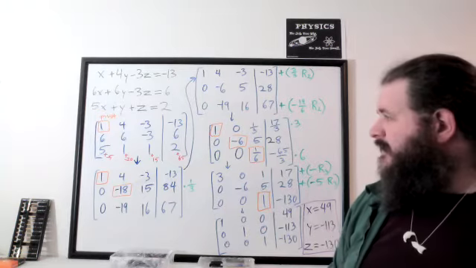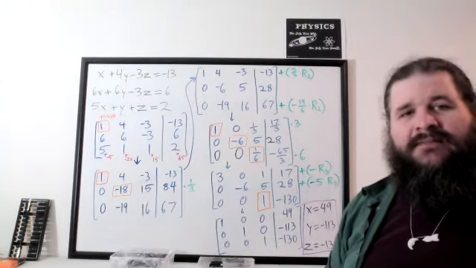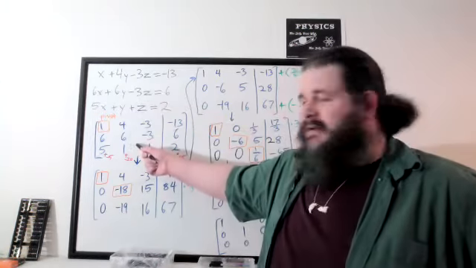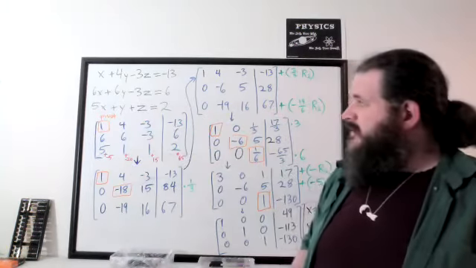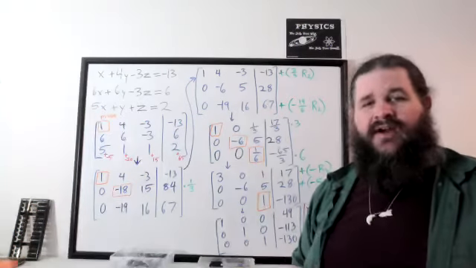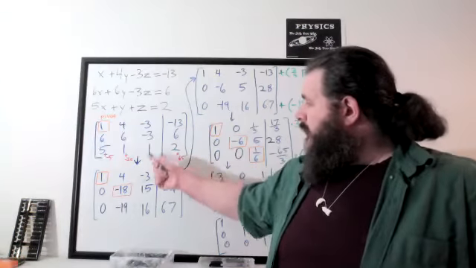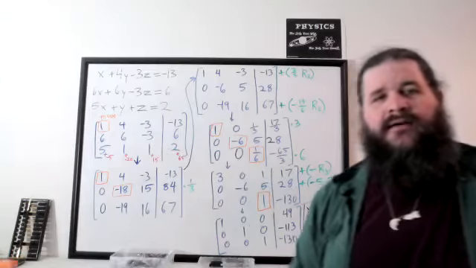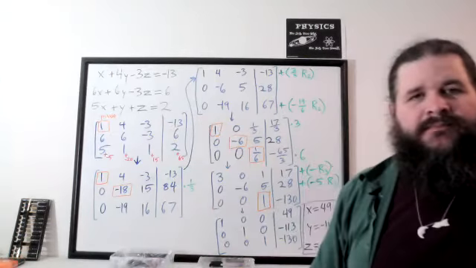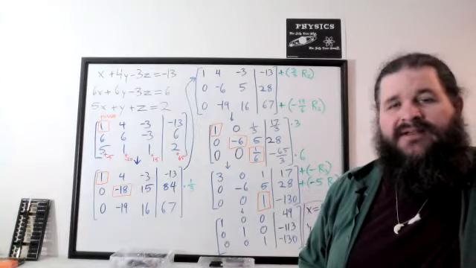So that's the general idea of using an augmented matrix and elimination to solve a system of equations. Write the original system of equations in augmented matrix format, using place value instead of letters to keep track of which coefficients match with which variables. And then follow through this systematic process of using a row to eliminate pivots in all the other rows, or eliminate everything above and below that pivot.